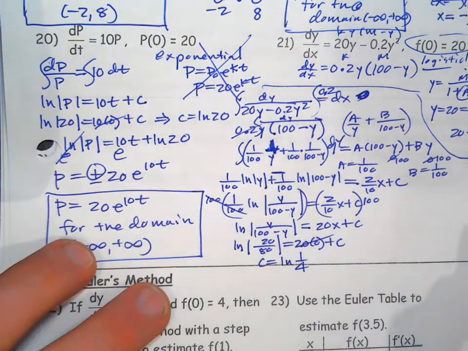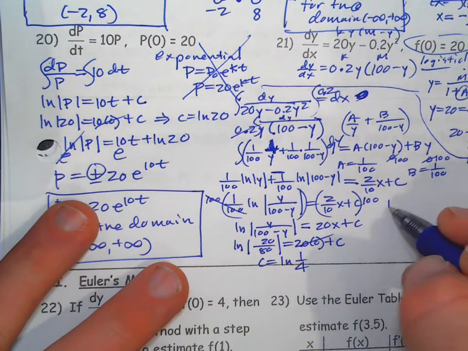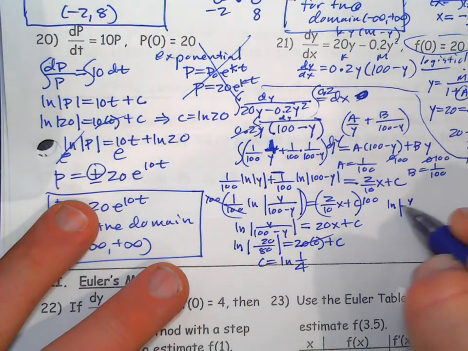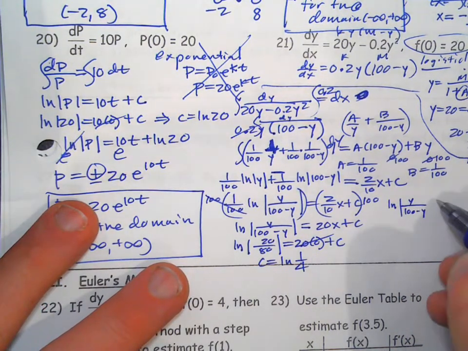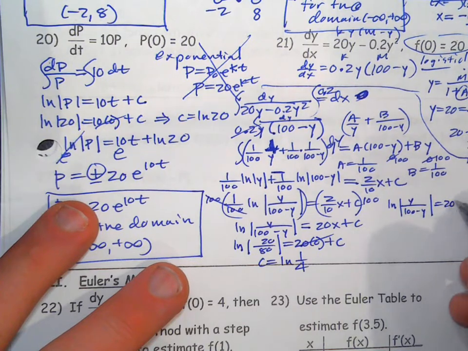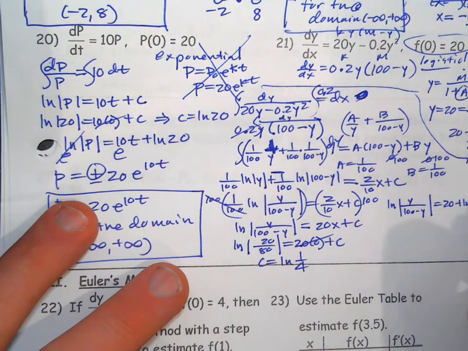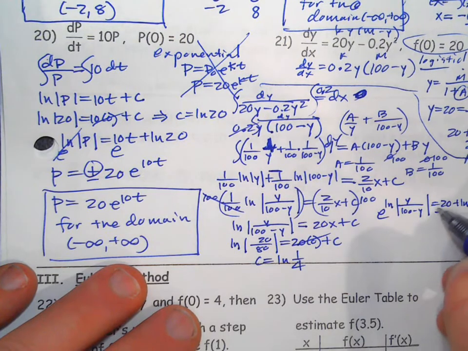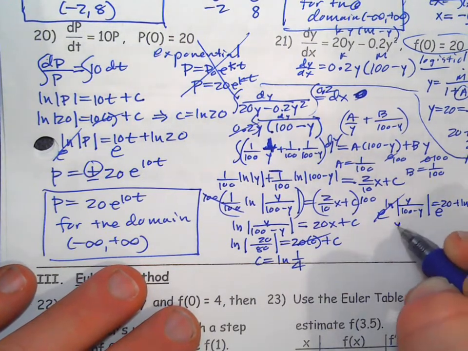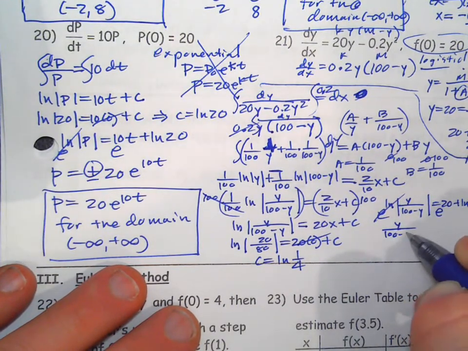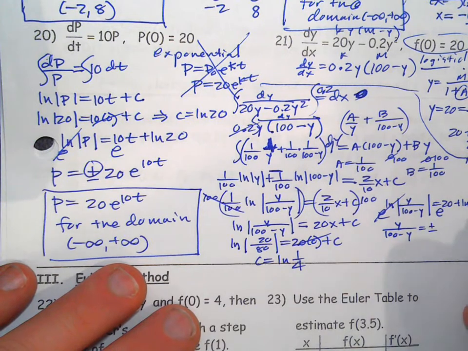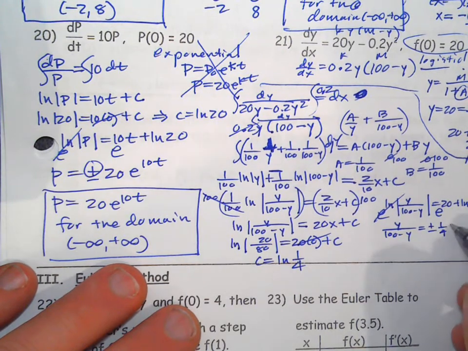So then we rewrite it, and it's natural log of y over 100 minus y equals 20x plus natural log of 1/4. And we exponentiate both sides, and we get rid of the absolute value, plus or minus. This is going to give you 1/4 in front.